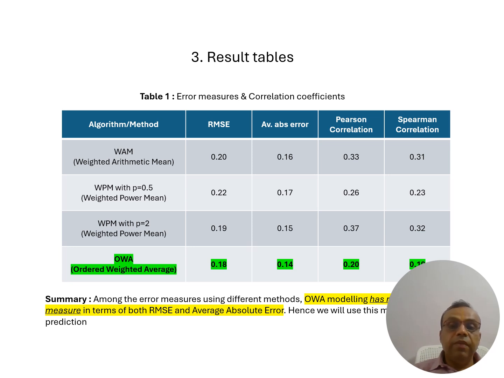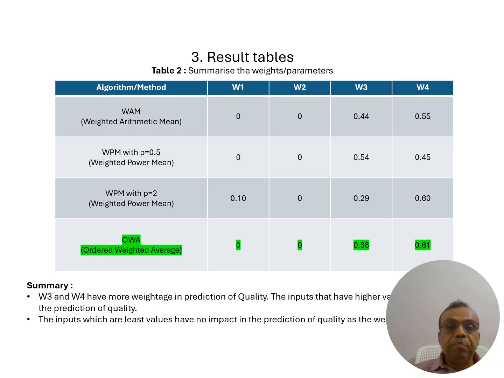And as you see in this table, the RMSE scores have been listed along with the average absolute error and Pearson and Spearman correlation. So we see that we applied 4 different algorithms. With these 4 algorithms, OWA, that is ordered weighted average, got me the least RMSE. So hence I am using this algorithm going forward in my prediction.